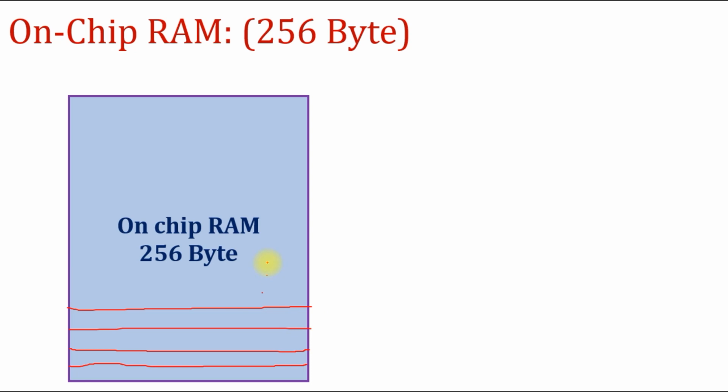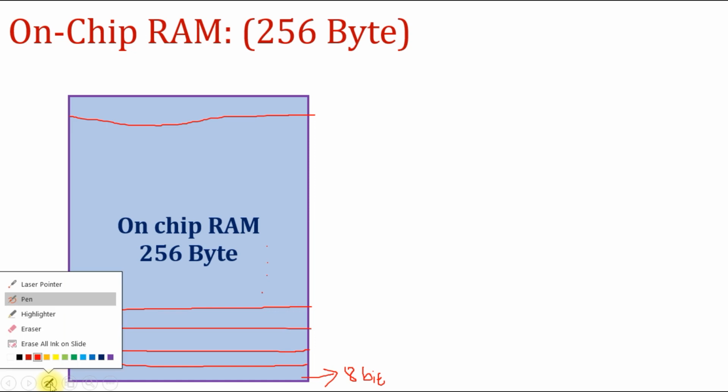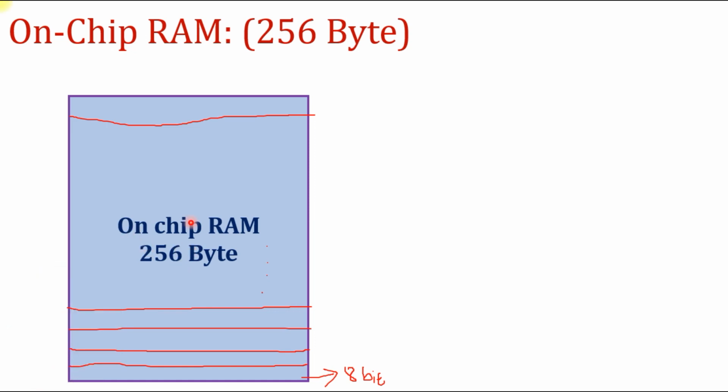Likewise there are 256 locations, and each location can store 8 bits of information. So 8 bits or 1 byte, both are equal. Here you should note one thing: on-chip RAM is 256 bytes, which means there are 256 locations, and each location can store 8 bits of information.